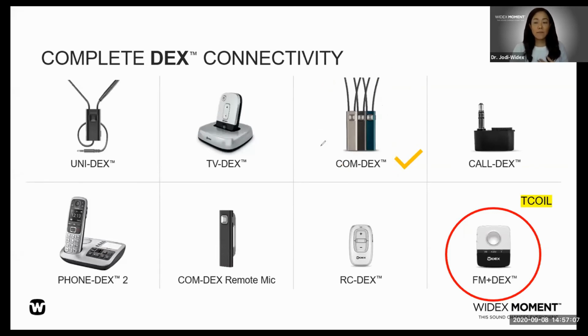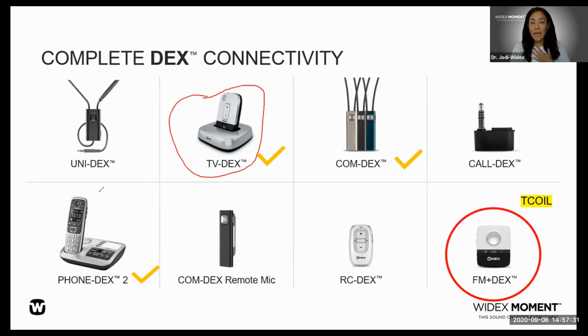And then we also have so many other accessories that people have added on over the course of COVID. Maybe they want a little bit extra boost, so they're using a TV system that we have. Or if you're like me, I have terrible cell phone service at home, so I'm actually using a landline phone.